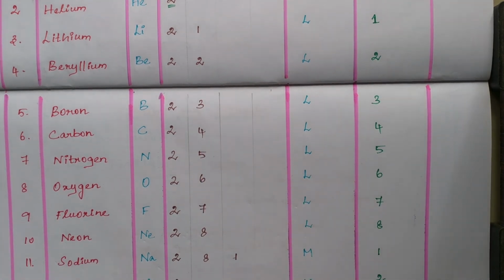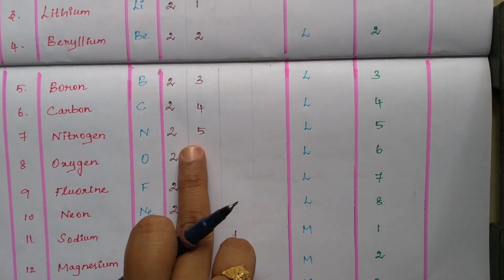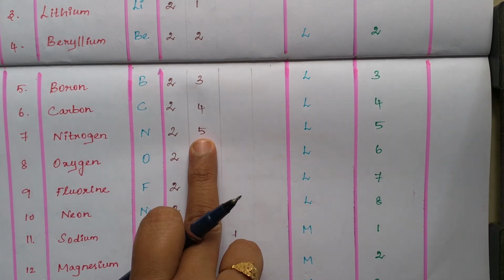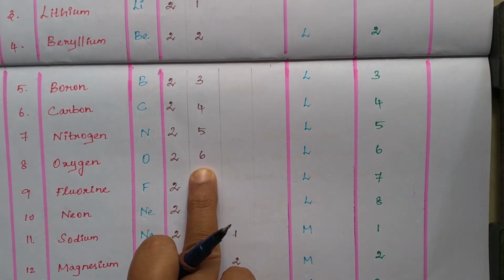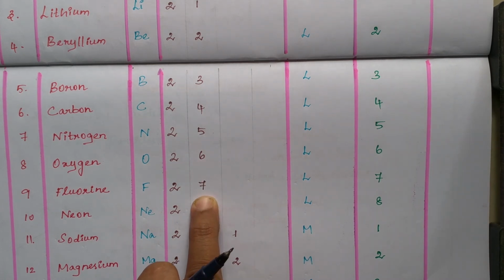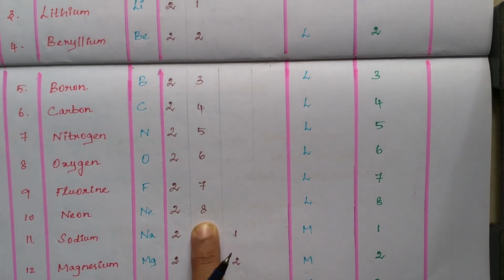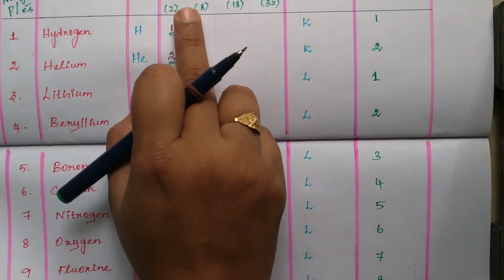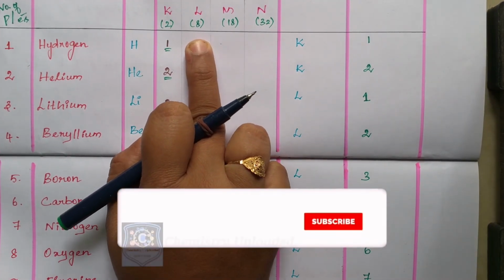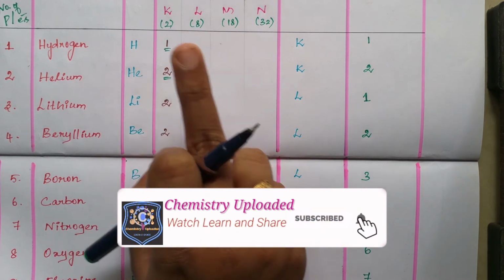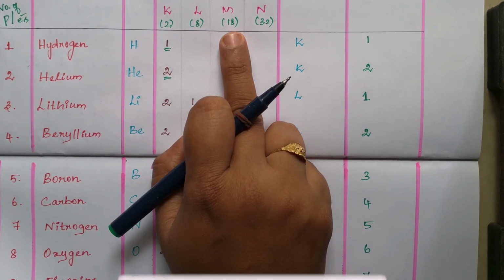See, students, nitrogen 2, 5. So the valence shell is the L shell and valence electrons 5. Oxygen has 6 valence electrons. For fluorine, 7. Neon, 8. So up to 8 you can fill in the L shell. After that, the remaining electrons go to the M shell.